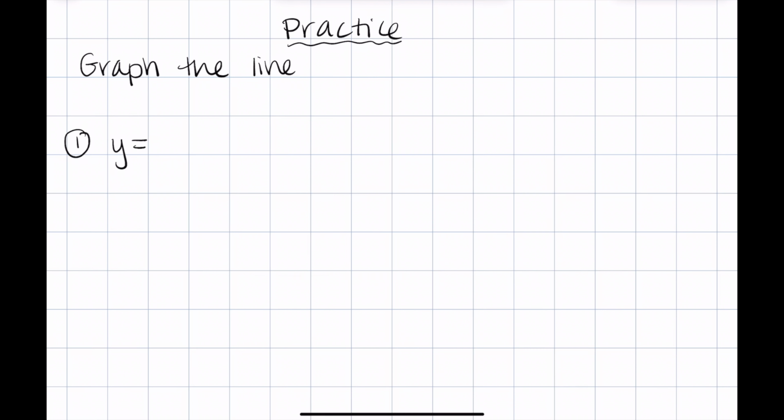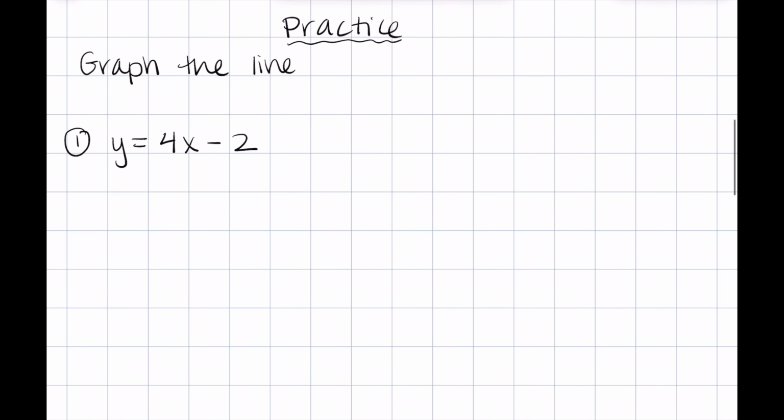For these practice questions, we're going to be given the line in slope-intercept form, and we will be asked to graph the line. The line that we have for our first practice question is y equals 4x minus 2. So there's two things here that we're looking for. It is our slope and our y-intercept. Our slope here is 4.